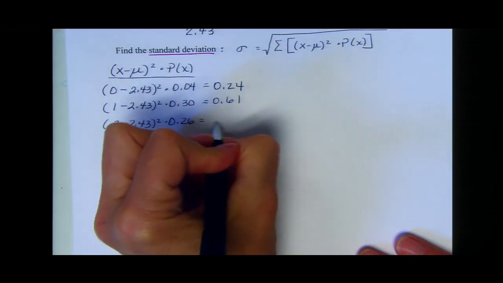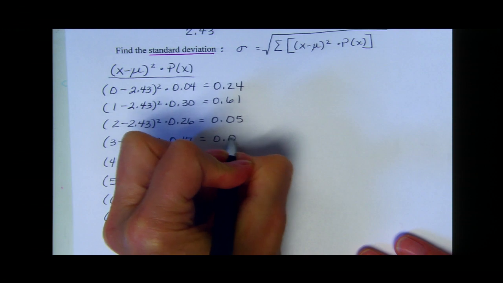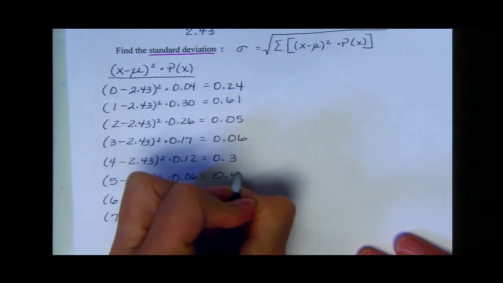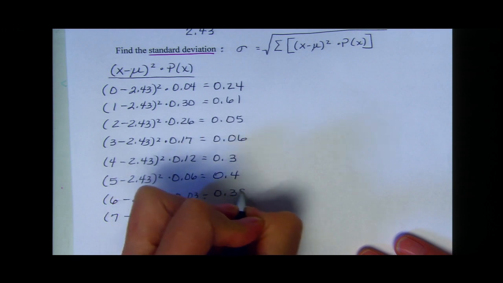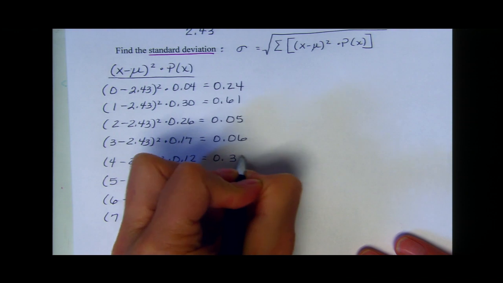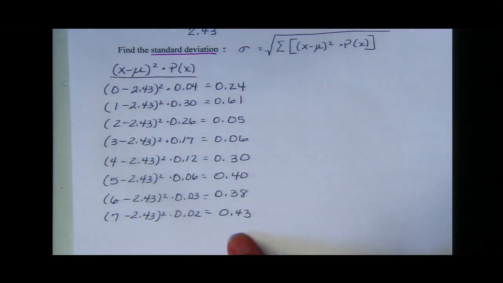And then the next ones are 0.05, 0.06, 0.3, 0.4, 0.38, 0.43. All right, so we've done all of that calculation.